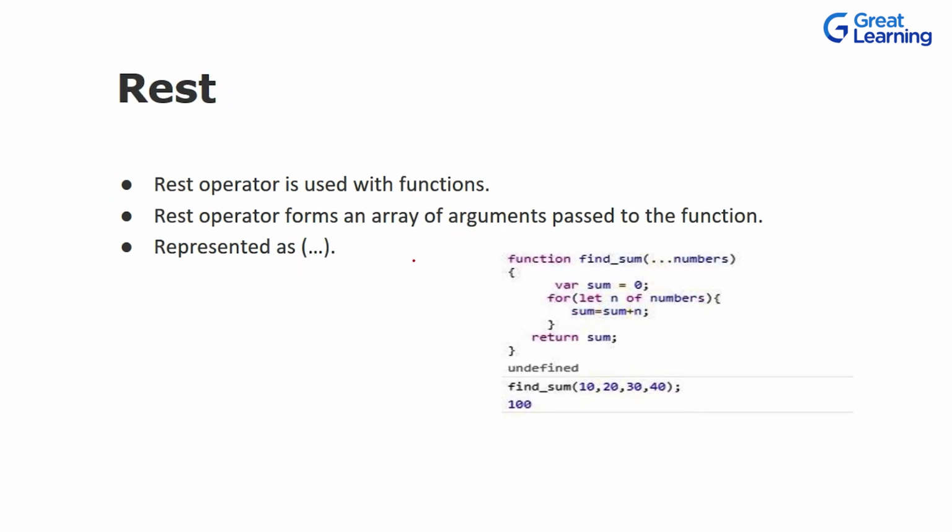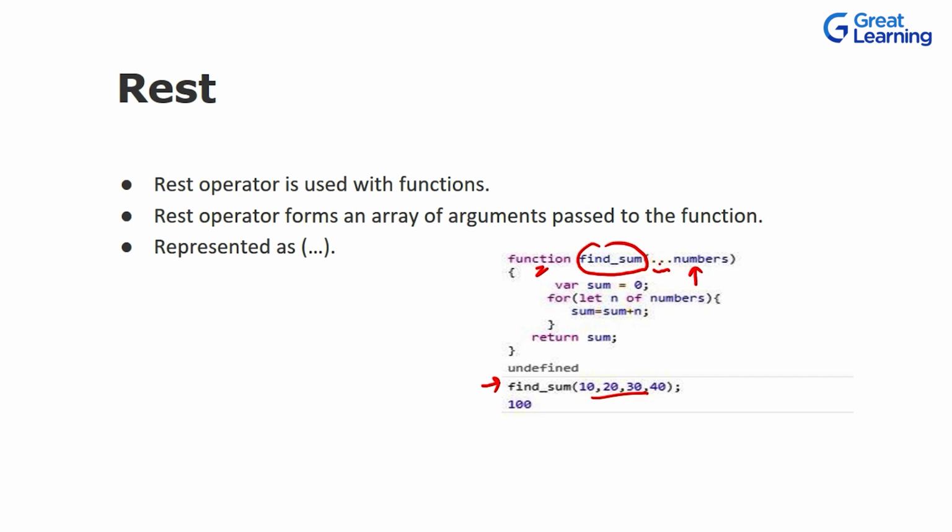Now what about the rest operator? The rest operator is used with functions, and you can use it in this way. For example, you have a function named findSum. If you observe, when you're calling this function, you are passing 4 arguments, but here you're using these 3 dots, that is your rest operator, along with the variable name numbers.